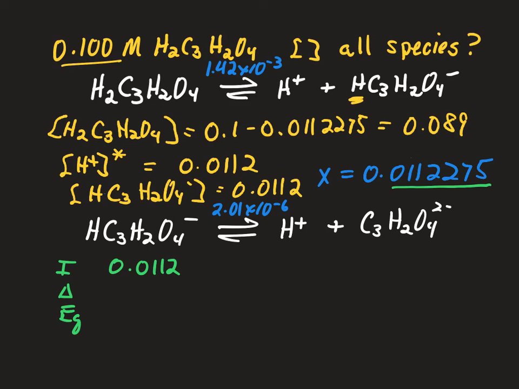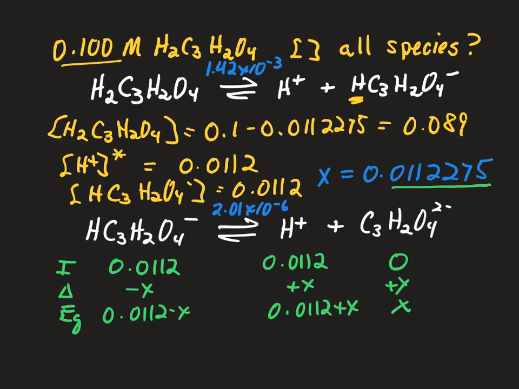Same thing, our hydrogen ions were 0.0112. We're not starting with 0 this time. There are some there from the first dissociation, but we haven't made any malonate ion yet. And so now we fill in our ICE table, plus x, 0.0112 minus x, 0.0112 plus x, and x.